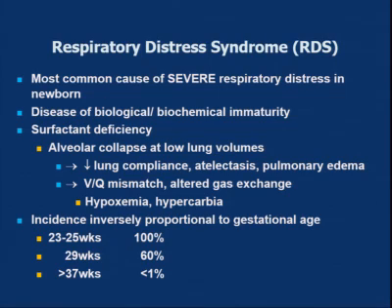1956, I believe. So the incidence of this disorder is inversely proportional to gestational age. The younger you are, the more likely you are to become surfactant deficient if you are born below 32 weeks gestation. However, some full-term babies may have this disease, particularly infants of diabetic mothers who have a high insulin level because of their high glucose.